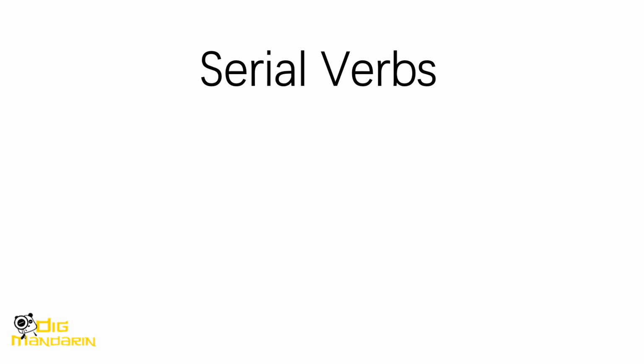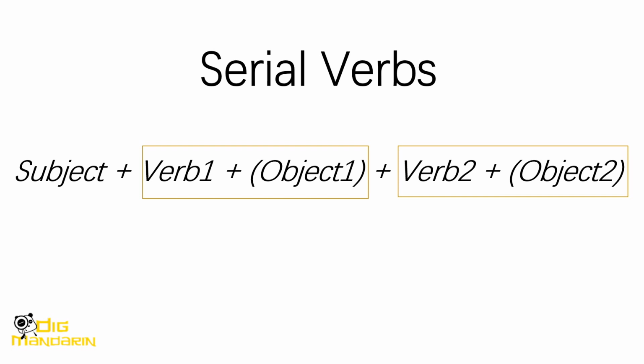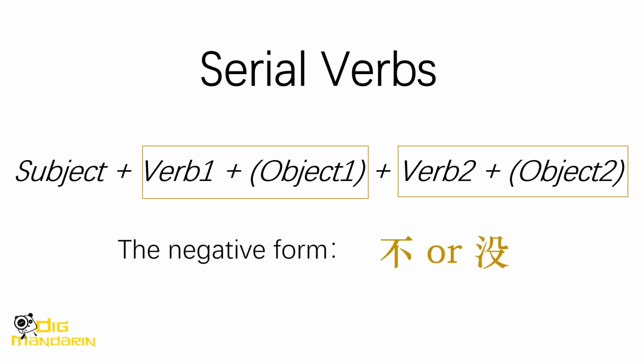So the structure goes like subject plus verb 1 plus object 1 plus verb 2 plus object 2. So here we will have two actions shown together. And if you want to form a negation form, usually we use 不 or 没.